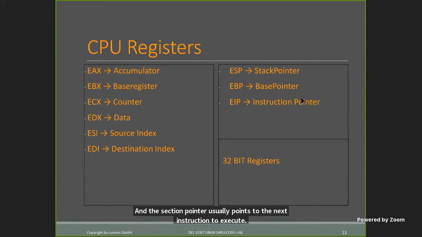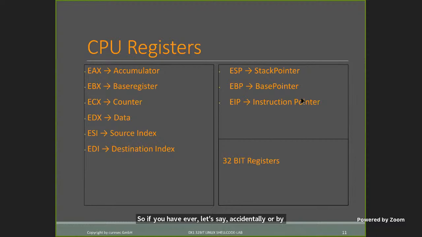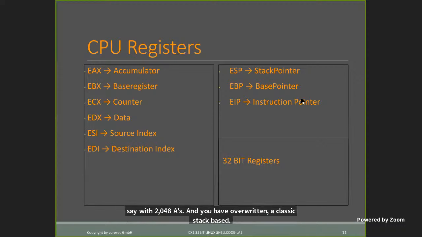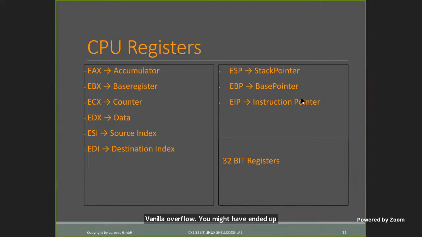So if you have ever accidentally or on purpose crashed a program with the classical A's, let's say 2048 A's, and you have overwritten a classic stack-based vanilla overflow, you might have ended up with 41, 41, 41, 41 in EIP.